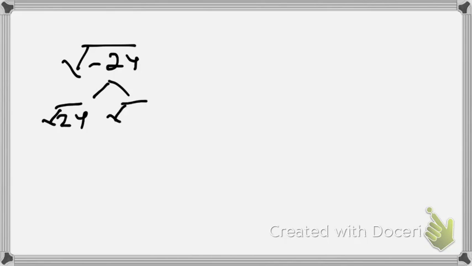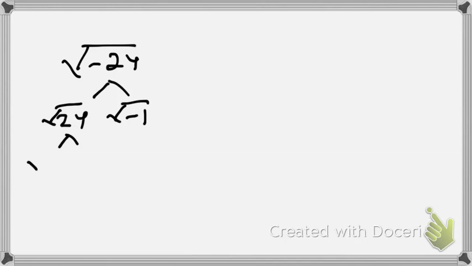So let's just say we have the square root of -24. Alright, so write down the square root of 24 times the square root of -1. Now here, the square root of 24, it's not a perfect square. But does 24 have factors that are perfect squares? The answer is yes, it's 4.